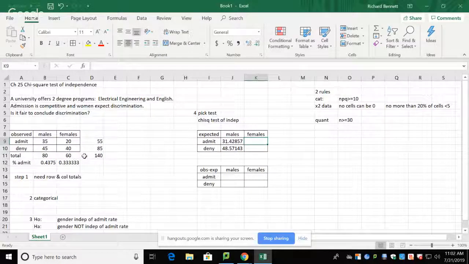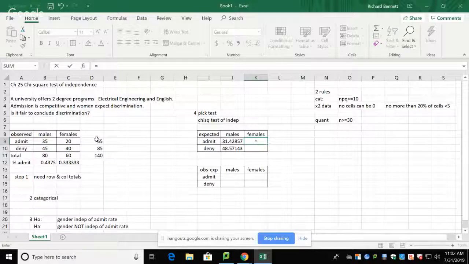Now, where am I? I'm in row 1, column 2. So I'm going to use the row 1 total times the column 2 total divided by the grand total. Does that make sense? Yeah, that makes sense.